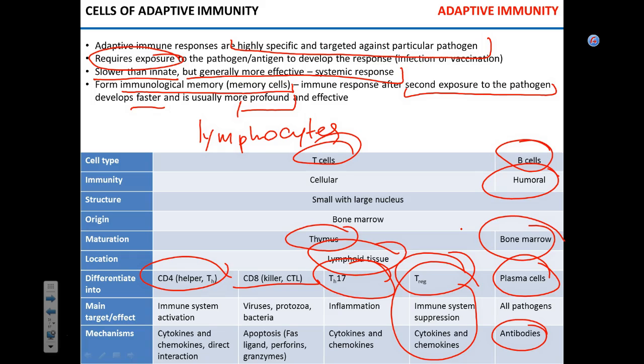That makes sense. We're going to review all those features later. So T cells, T lymphocytes, represent the sub-branch that is called cellular immunity. Okay.